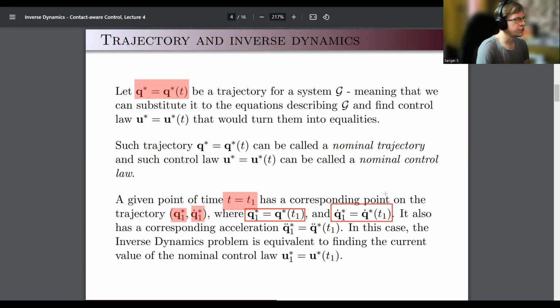Good. So a particular state, we can recover it from a trajectory. But what is interesting, not only a particular state, but even acceleration we can recover from the trajectory. We just differentiate the trajectory twice with respect to time, and then we evaluate what we get at t1. So notice, this is a perfect recipe for inverse dynamics, right? Here are the state variables.